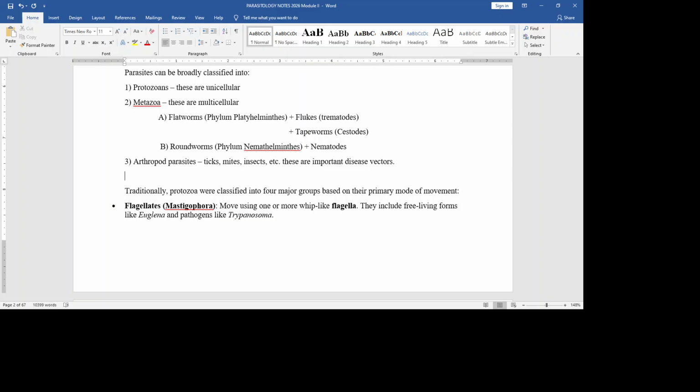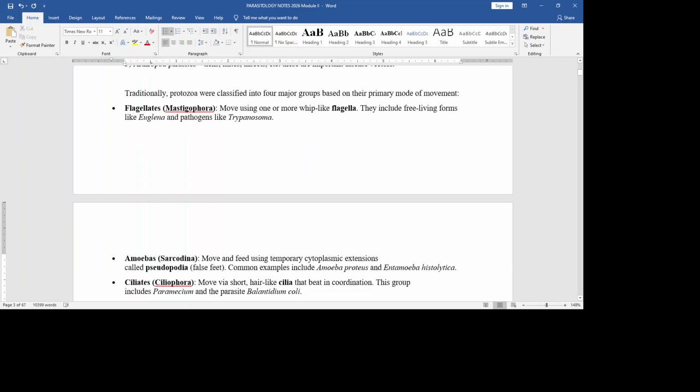And these parasites include the free-living forms and the parasitic forms. The free-living forms include the euglena, while the parasitic forms include the trypanosoma, leishmania, trichomonas, and giardia species.